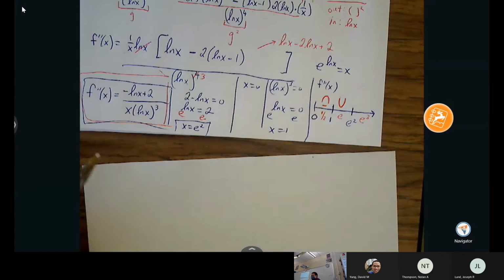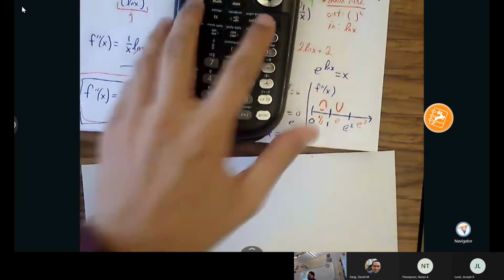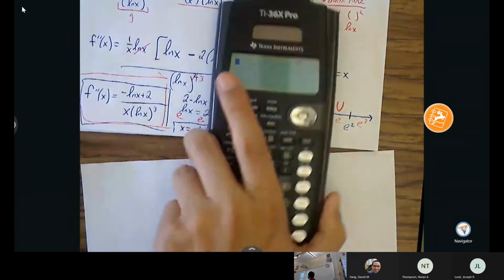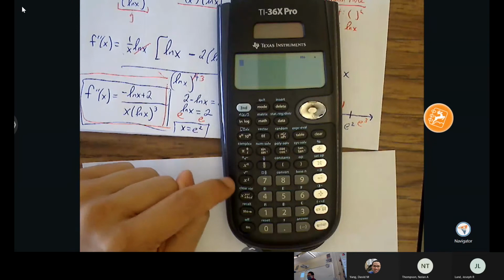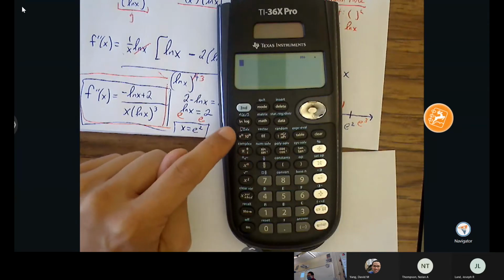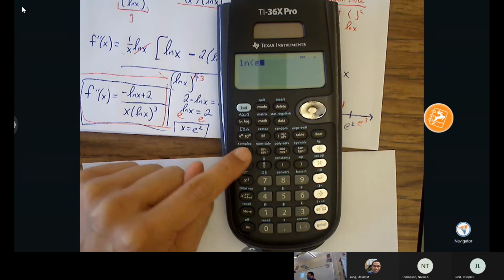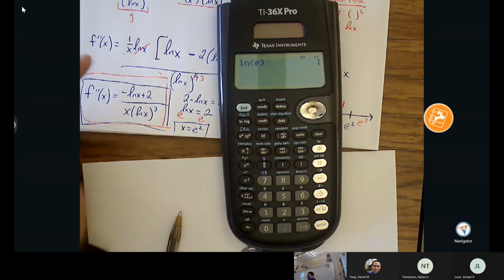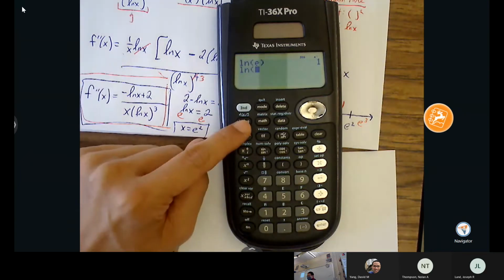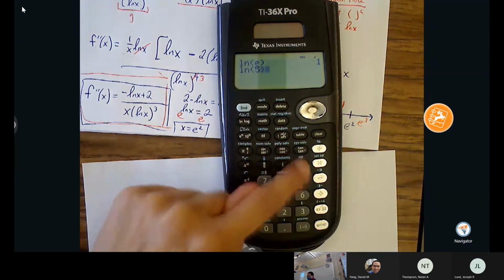How do you find natural log? You can just enter it in the calculator. So in my calculator here, if I do natural log of e, it'll be 1, right?